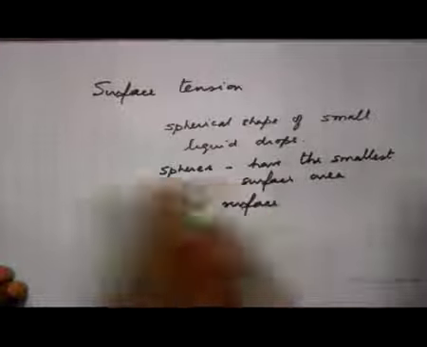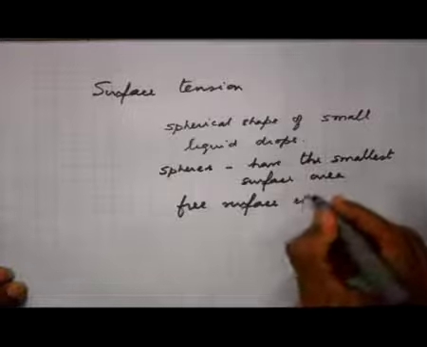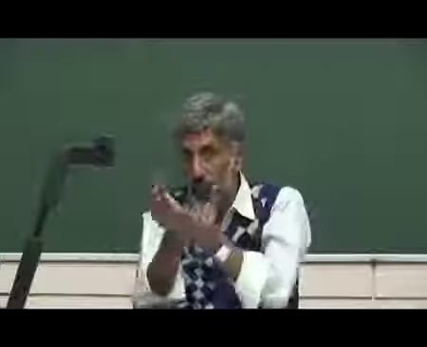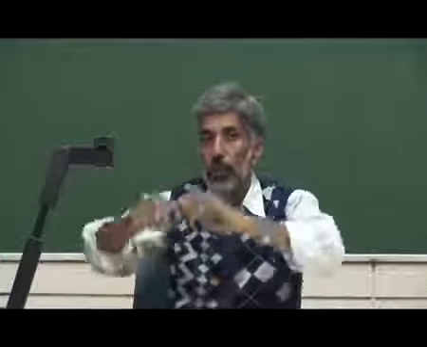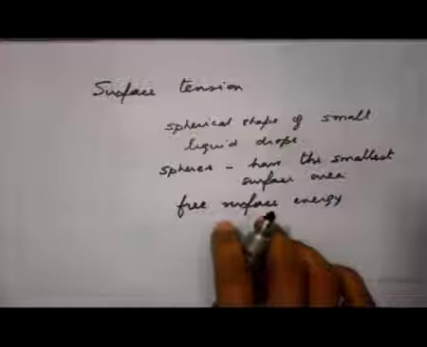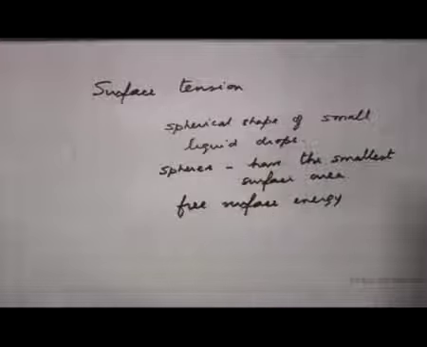So, there is a surface energy that you have in the liquid, and when a liquid drop tries to form a spherical shape, what it is trying to do is to minimize the surface area. So, because of this free surface energy, if it goes into spherical shape, there is a minimization of the surface energy.